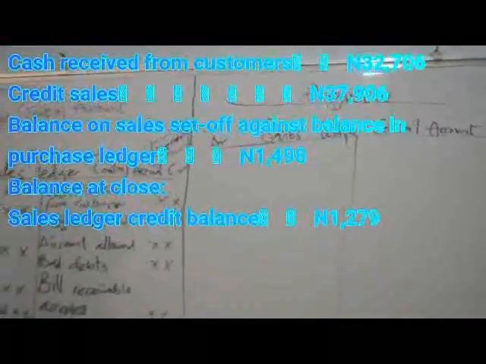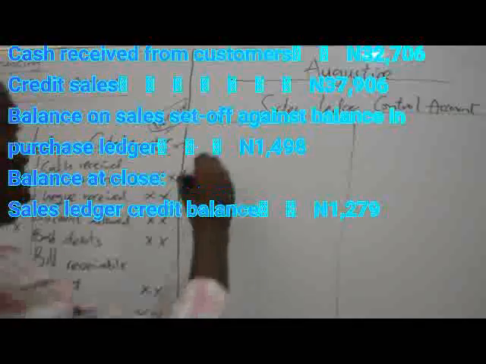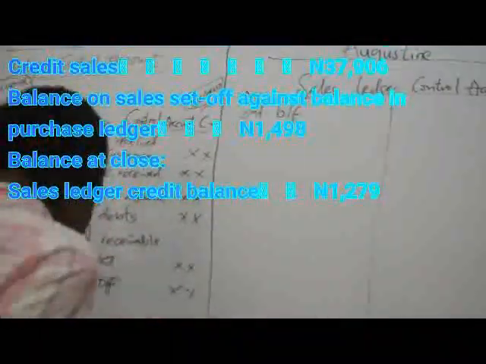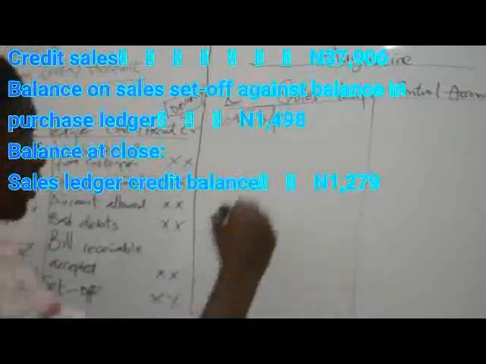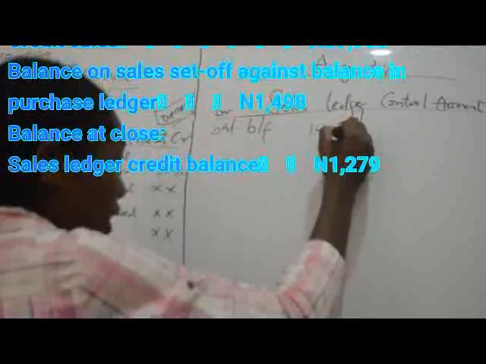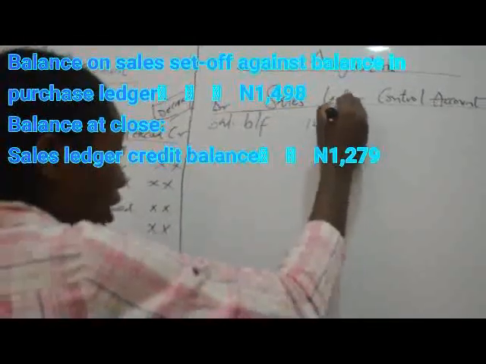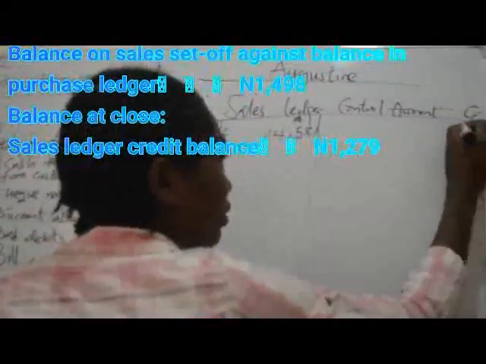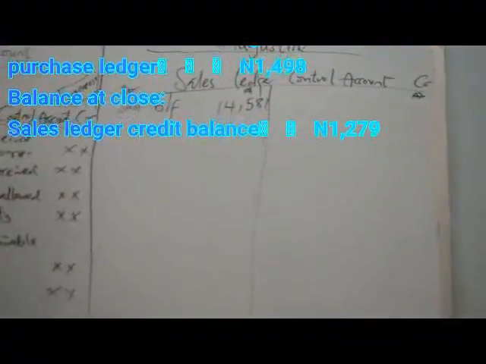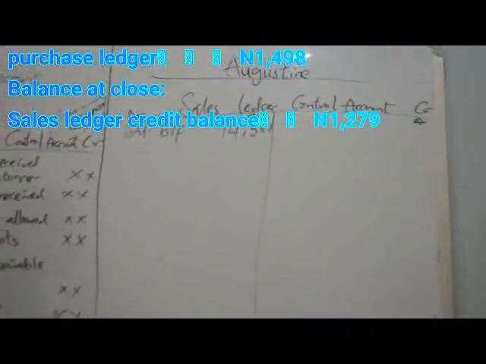Are we together? So since we are having sundry debtors, we could simply bring it as our balance brought forward of 14,581 naira. So our naira sign, very important. Alright, so this is our balance brought forward from the previous month. So we also have a credit balance.